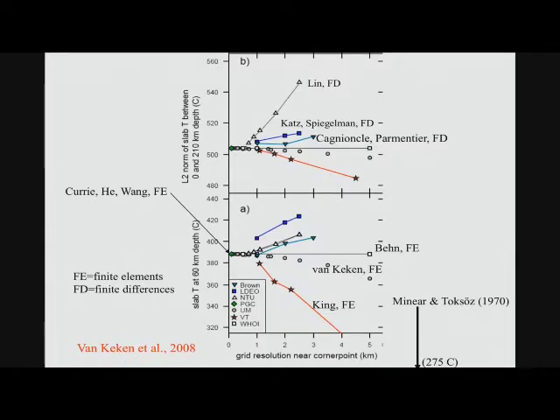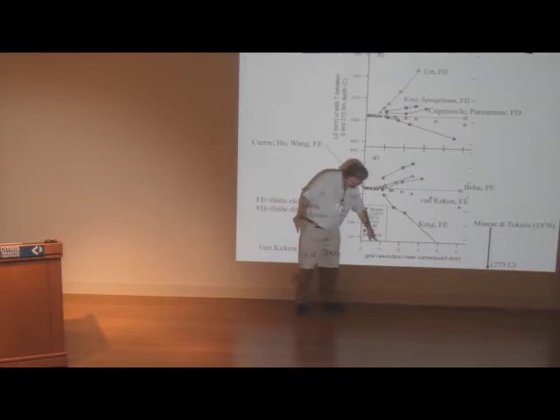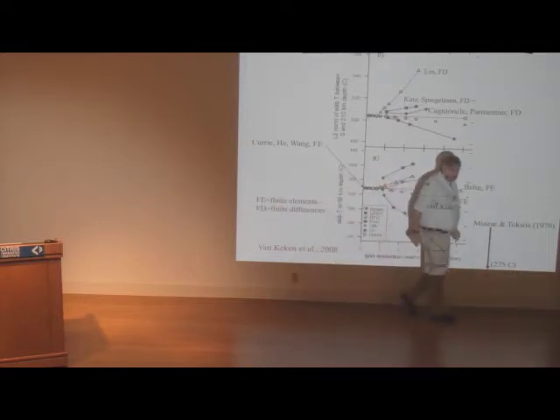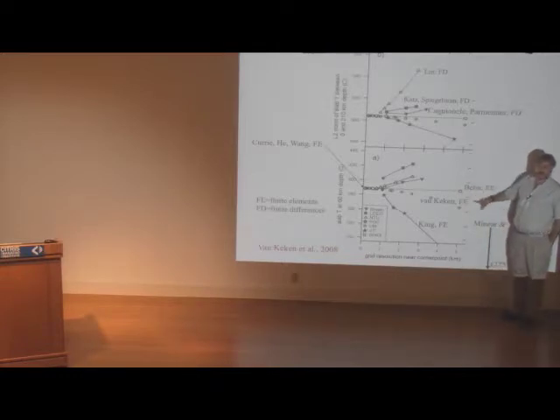This plot shows the measurements that were made in the numerical models as a function of the grid resolution. This is 1 kilometer, this is 5 kilometer resolution. We have a number of codes indicated by the colored symbols. FE stands for finite element. Finite elements are ones where you can use triangles to mesh out the geometry more accurately than you can with finite differences, which assume that everything is on a Cartesian grid.